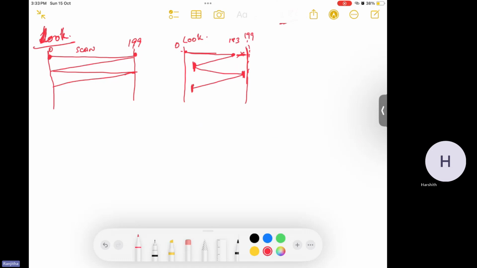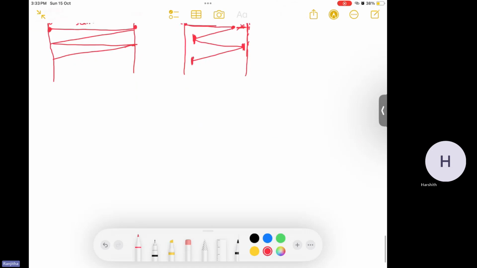So let's see the same example for LOOK also. The head is at 53 and our line is 0 to 199.